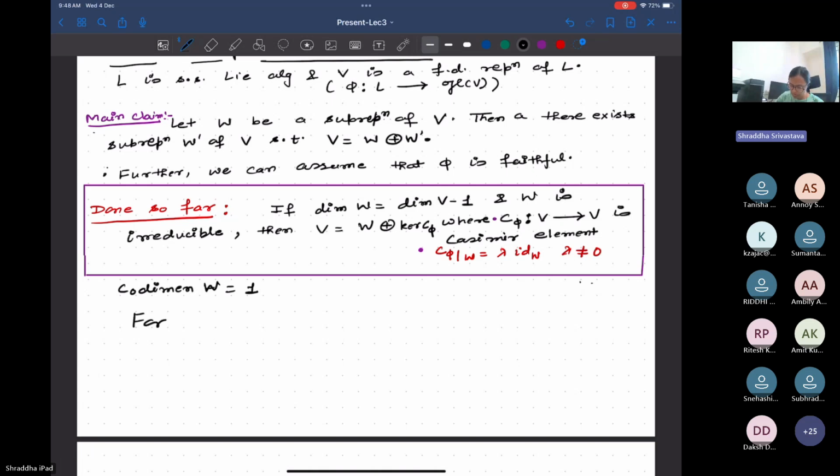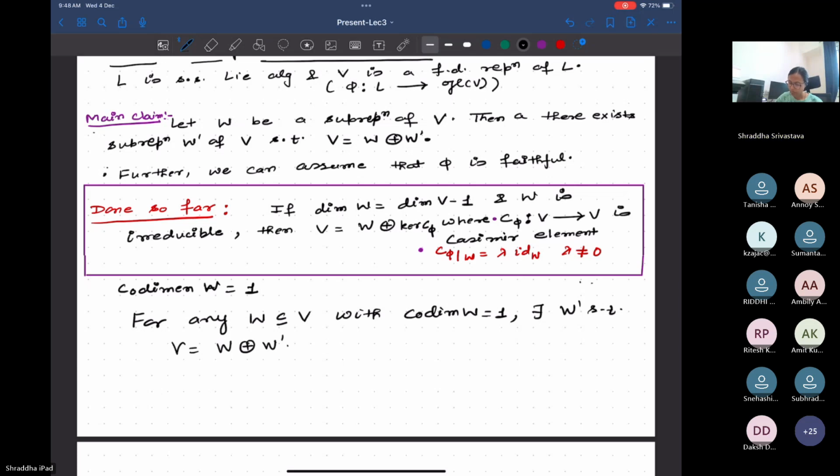So I will just write the proof. For any sub-representation W of V with co-dimension of W equal to 1, there exists W prime such that we can write V as W direct sum W prime.